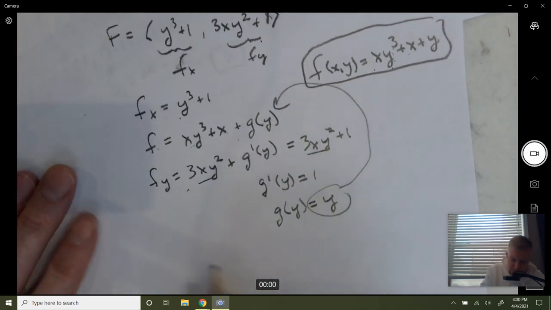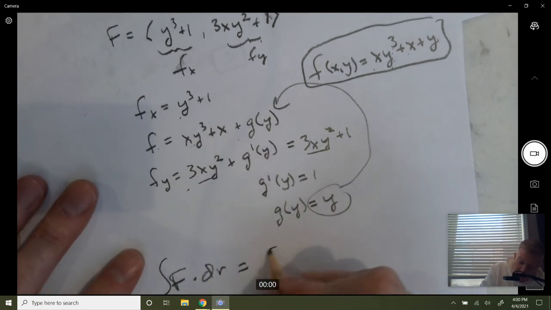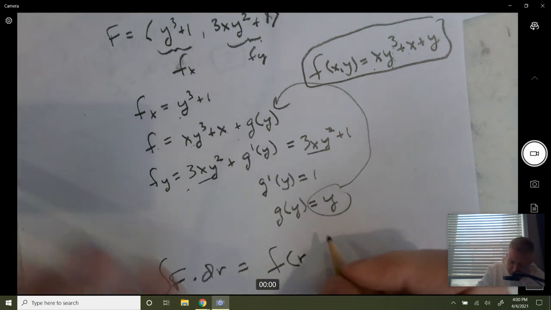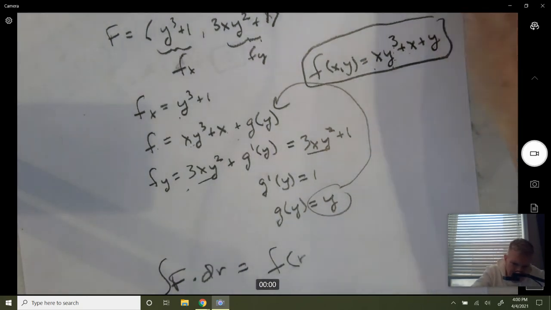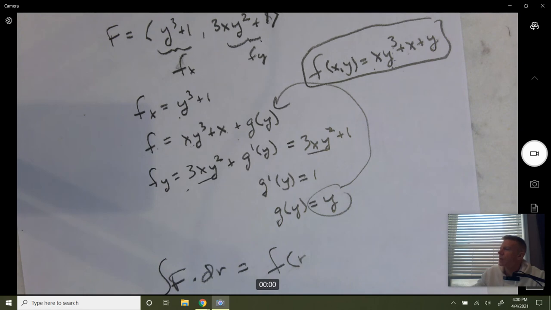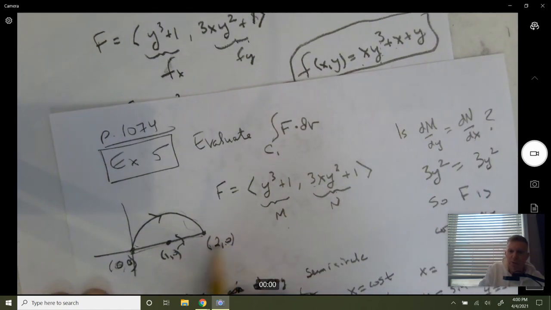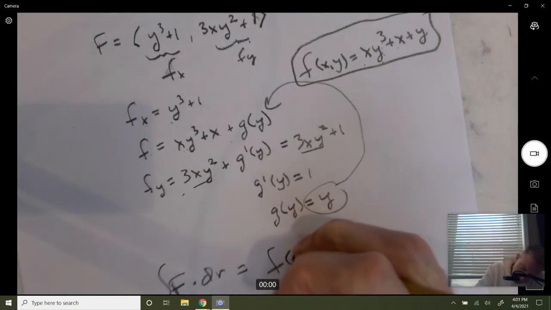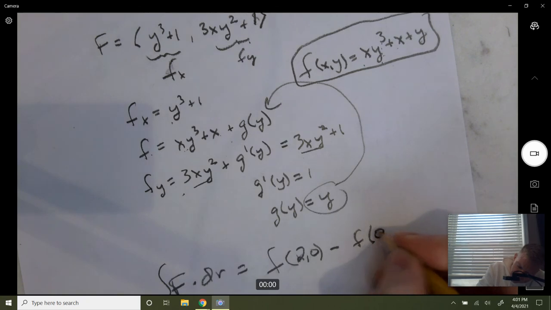Okay. So now we're evaluating this function. Remember our fundamental theorem for line integrals: the integral of F dotted with dr is equal to f evaluated at the final point minus the initial point. We were looking at this point, so we have to evaluate f at (2, 0) minus f at (0, 0).